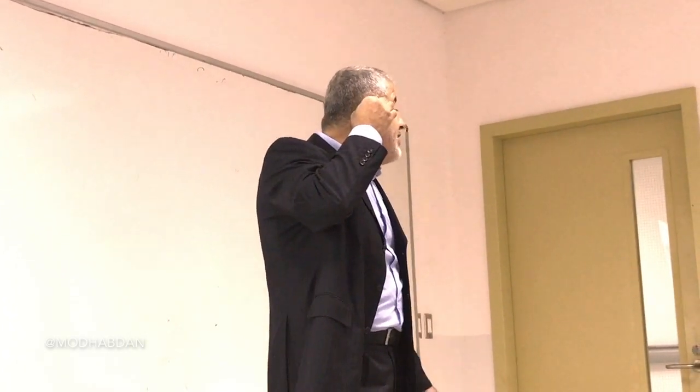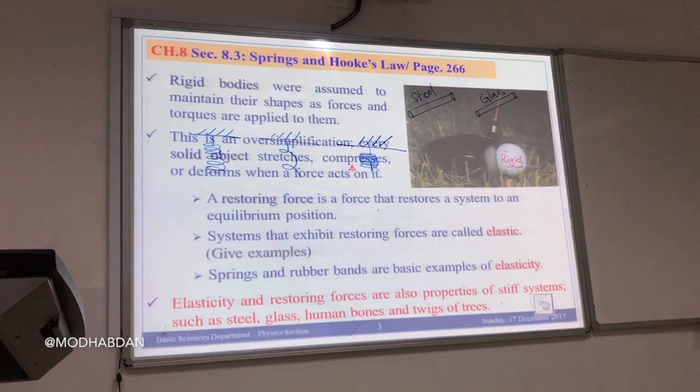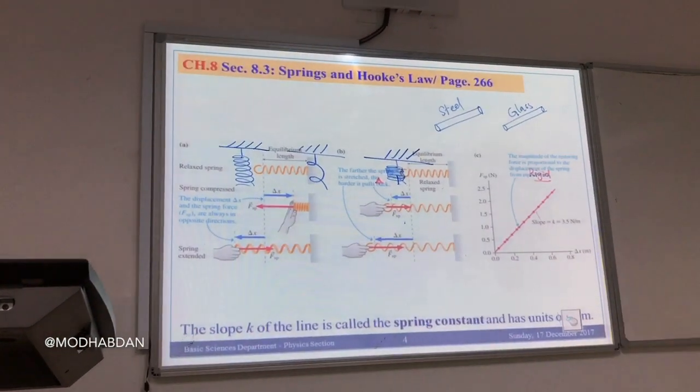It has more elasticity. If you apply a force to it, it will return back. Otherwise, you have a problem. If you hit your nose with the ball or the wall, it will return back. And twigs of trees, also.